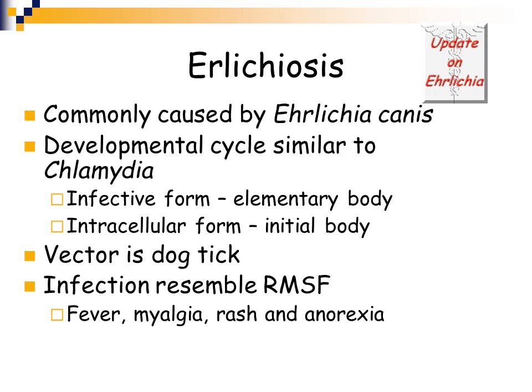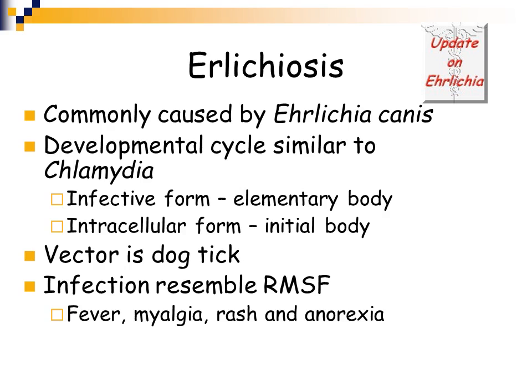So there is an infective form of the organism that's called an elementary body. And there's an intracellular form that's called the initial body. So it's really important with these organisms that have developmental cycles that you know which form is the infective form and which one is the intracellular form.